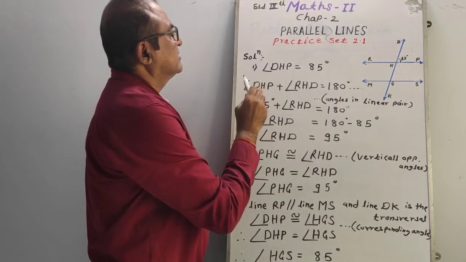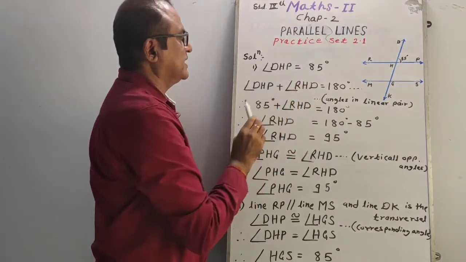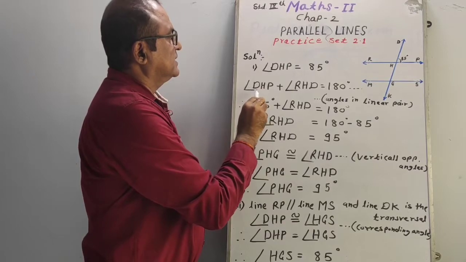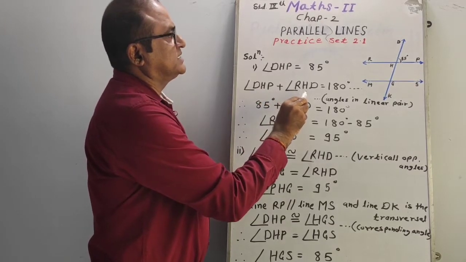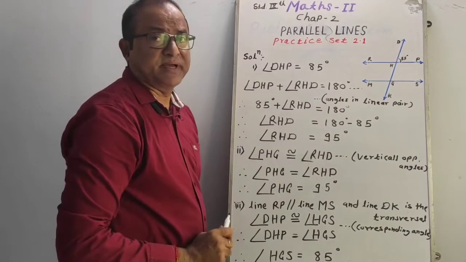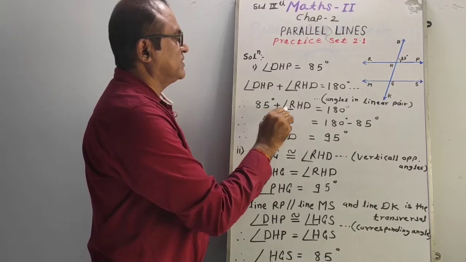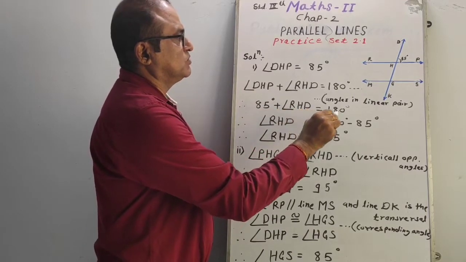Let's see. First, angle DHP is given as 85 degrees. Angle DHP plus angle RHD is equal to 180, angles in a linear pair. DHP is given 85. 85 plus RHD is equal to 180.